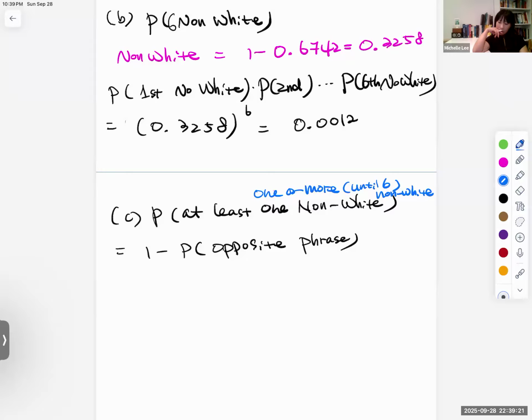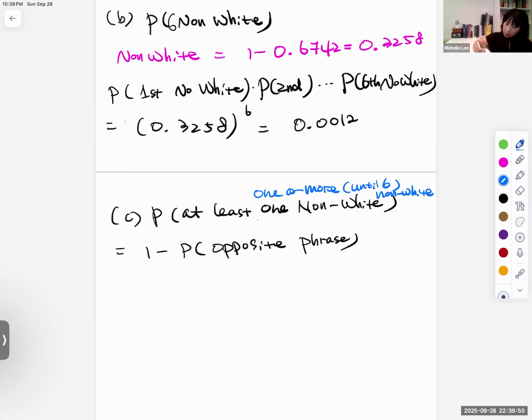What do you mean? This means 6 people non-white, right? Then the opposite phrase will be all 6 white. Make sense?